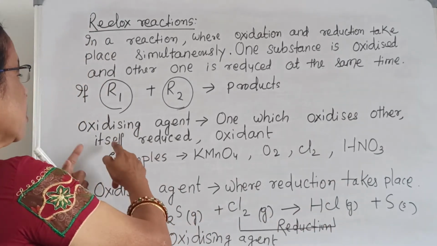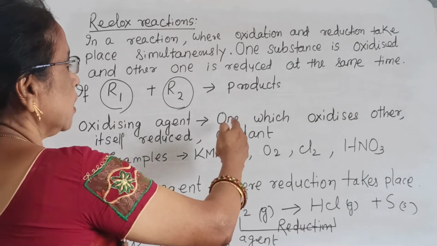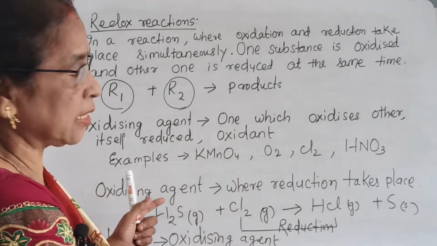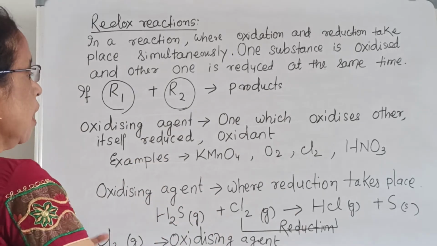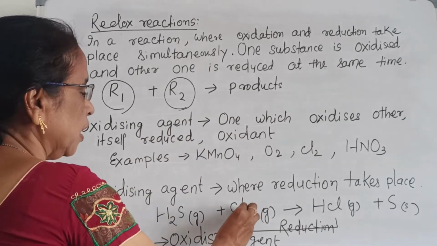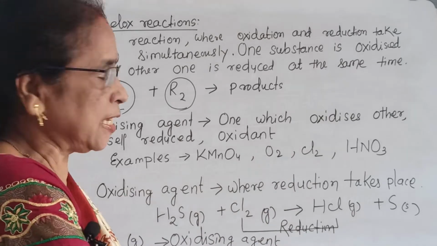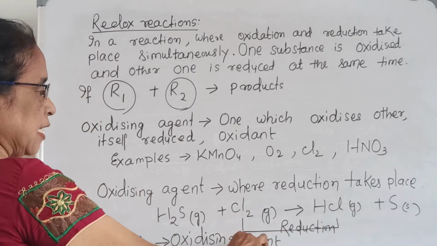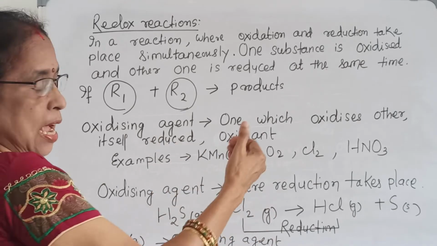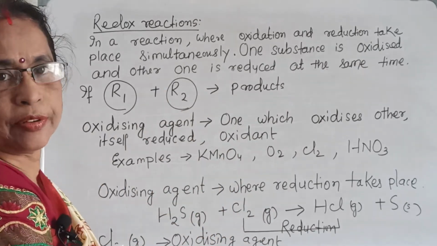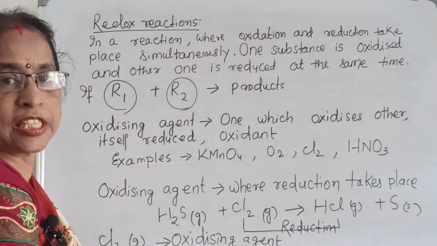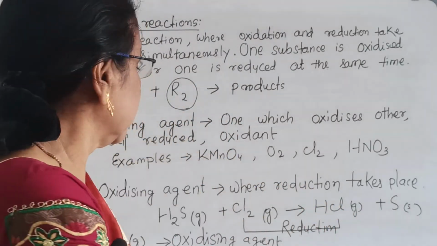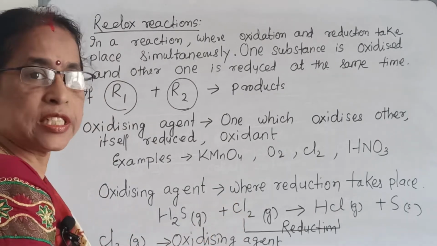See again, oxidizing agent means which oxidizes others. How it will oxidize others we will see after completing the reducing agent. Only remember here that only Cl2 changes to HCl and reduction takes place, and that is called an oxidizing agent. After completing all, I will explain how that chlorine is an oxidizing agent.